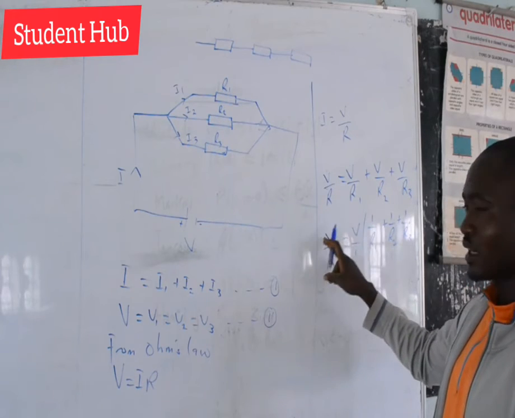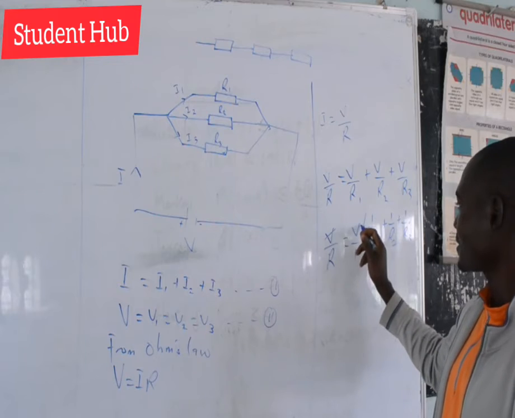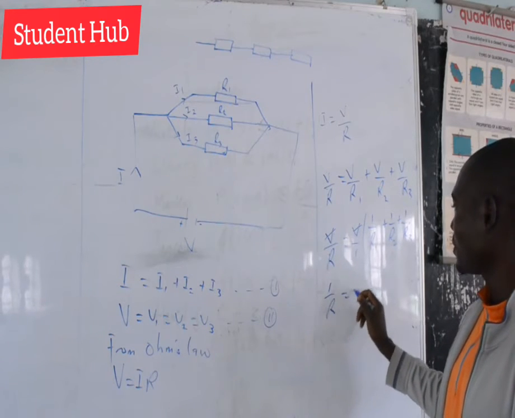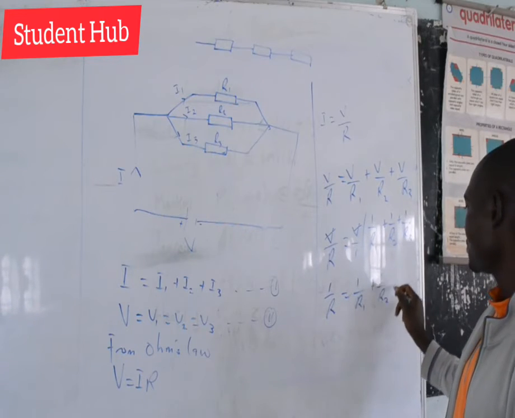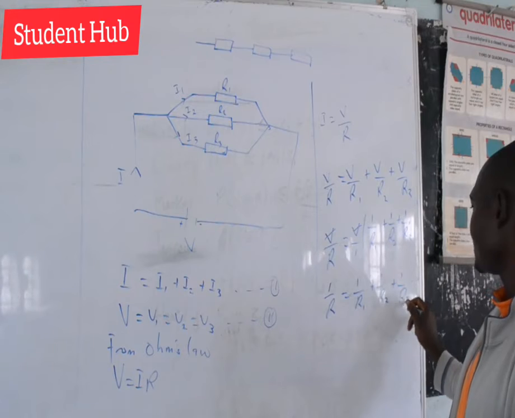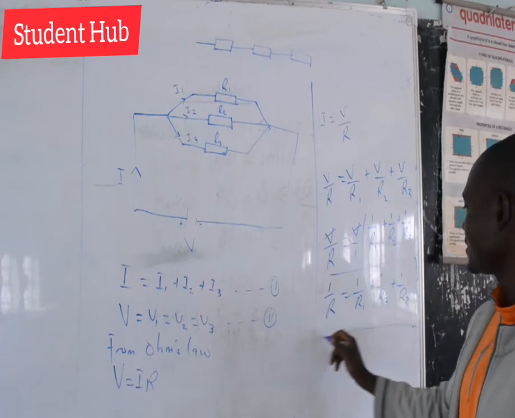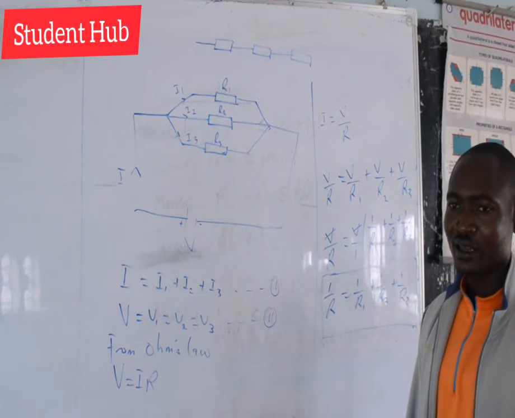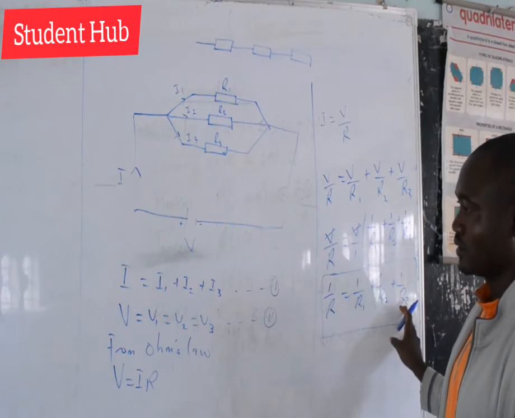This and this are from the equal sign, so we can cancel them. So we remain with 1 over R equal to 1 over R1 plus 1 over R2 plus 1 over R3. So this is the formula when resistors are connected in parallel. This is a combination. Is that okay?